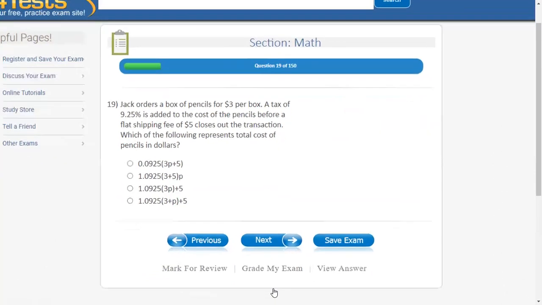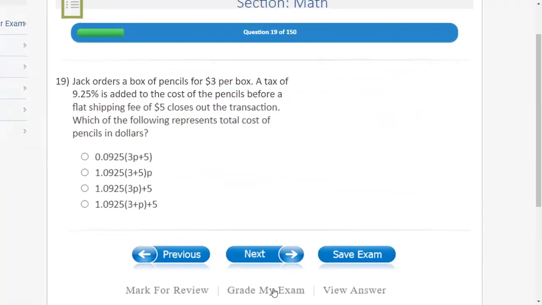I'm going to zoom in. Jack orders a box of pencils for $3 per box. Tax of 9.25% is added to the cost of the pencils before a flat shipping fee of $5 closes out the transaction. Which of the following represents the total cost of the pencils in dollars?